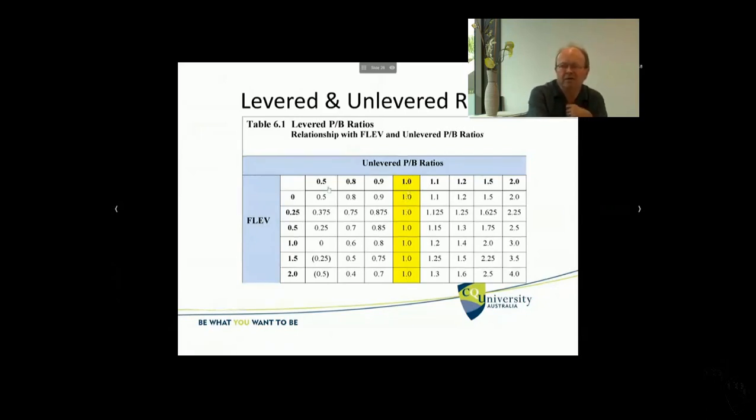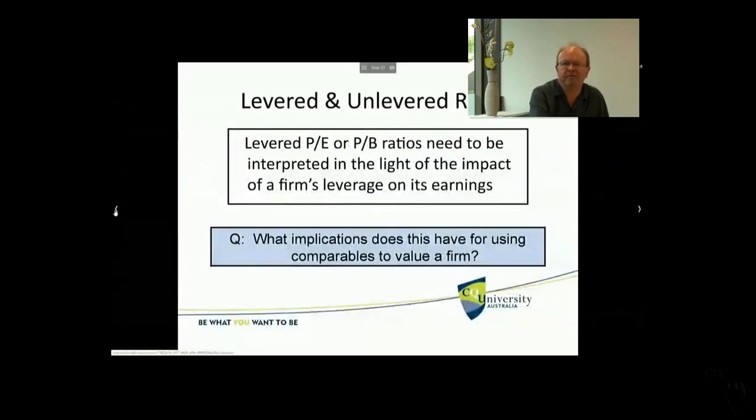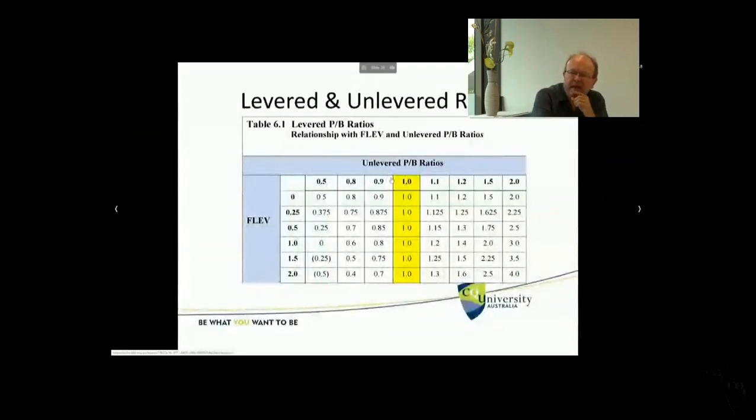So we've got the unlevered price to book there is 1, but you can see the levered price to book ratio is all 1, regardless of what the financial leverage is. And you can also see, in that previous table, how the levered price to book ratio, other than when it's 1, varies depending on the financial leverage. The unlevered price to book ratio doesn't vary depending on financial leverage.